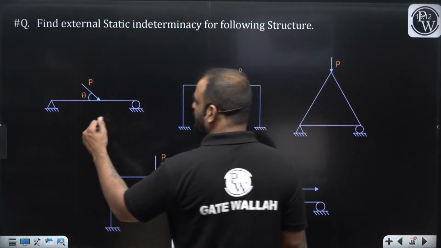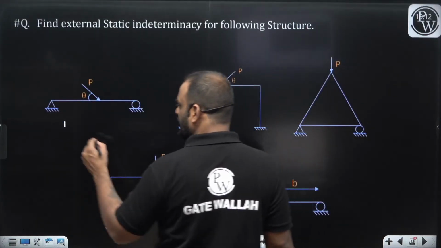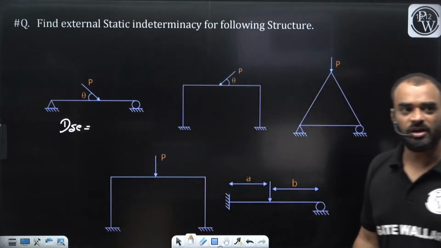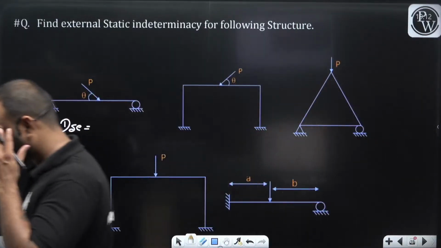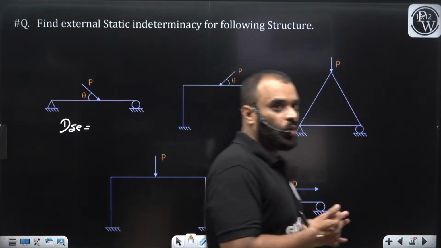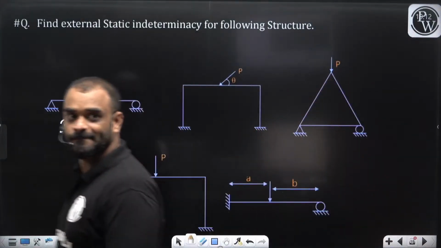Tell me, guys, what is the value of DSC for this? Write down in the chat box, guys, quickly. What is the value of DSC for this? We have solved it. You know that. What is the value of DSC for this particular structure? Please tell me.